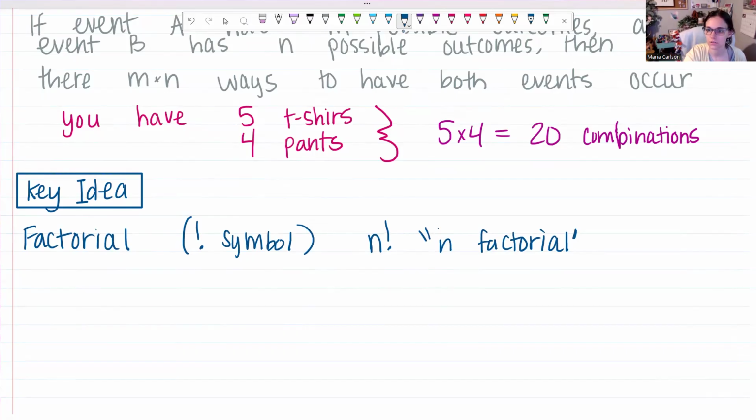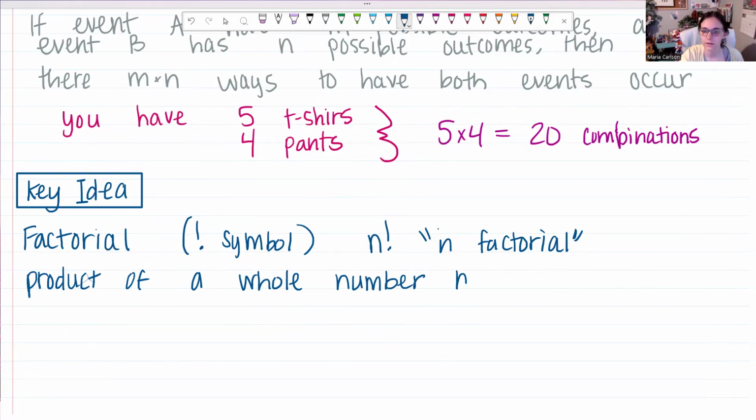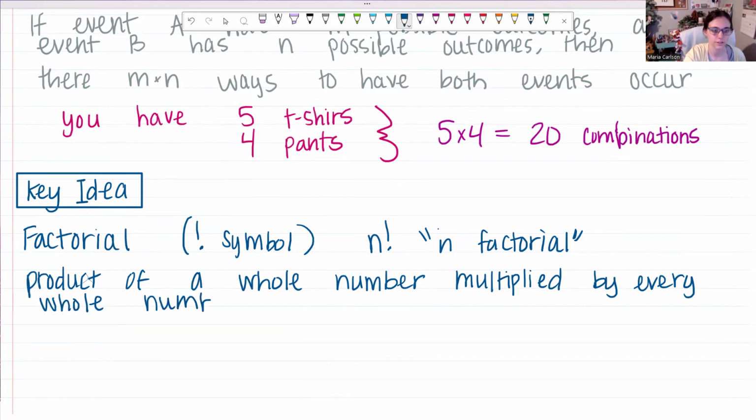A factorial is the product of a whole number multiplied by every whole number from itself down to 1.